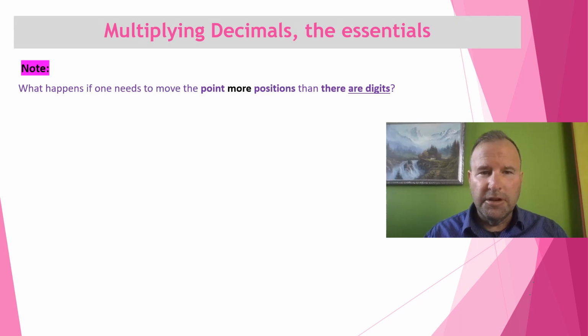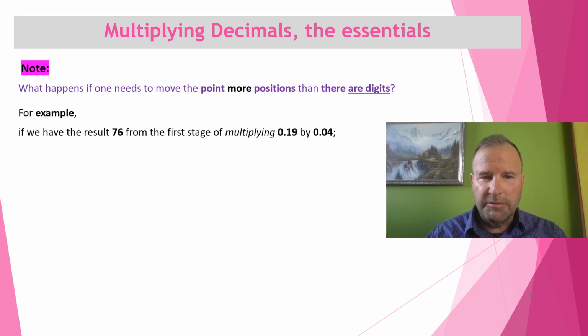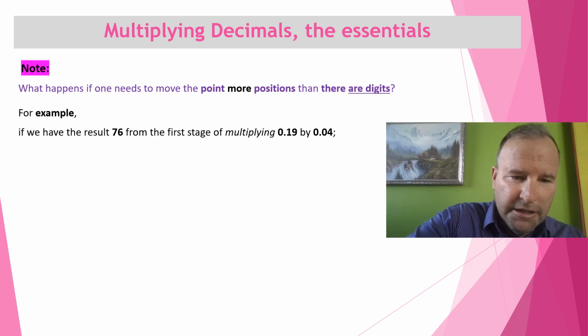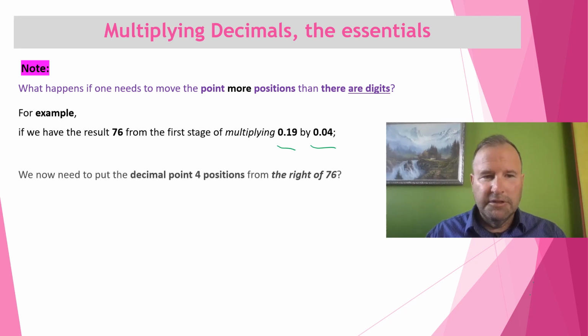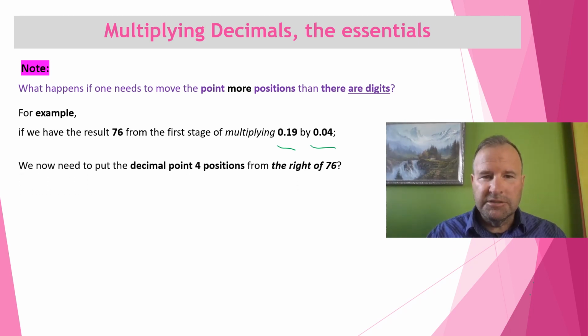So here we go. We have to note what happens if one needs to move the decimal point more positions than there are digits. So this case arises. Let's have a look at what we mean by this example. If we have the result 76 from the first stage by multiplying 0.19 by 0.04, here we could see there are 4 decimal point positions to the right.